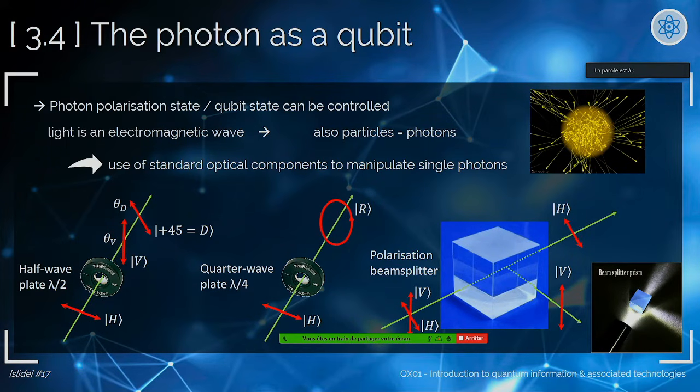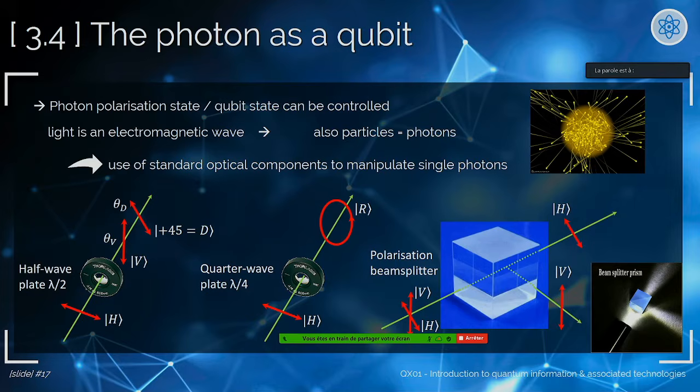So basically, using this half-wave plate, depending on the rotation of the crystal, you can change a horizontal state to a vertical or to a 45-degree diagonal state. If you use this one, which is a quarter wave plate, also called lambda over 4, what you do is you transform a linear polarization into a circular polarization.